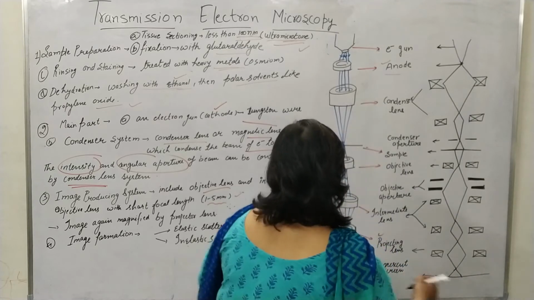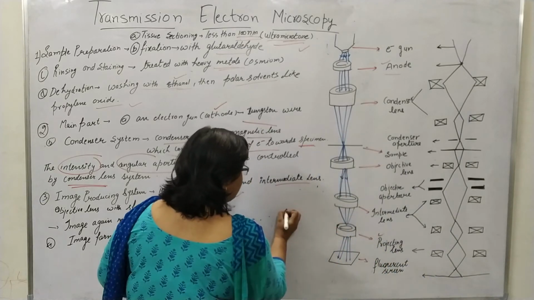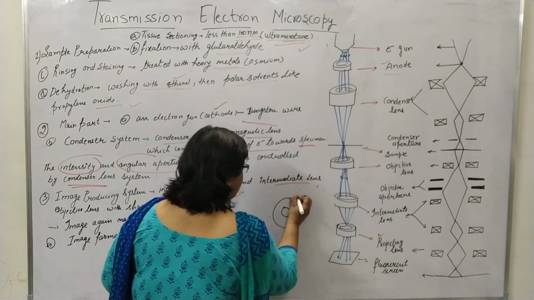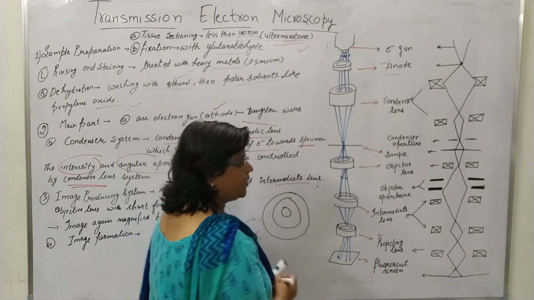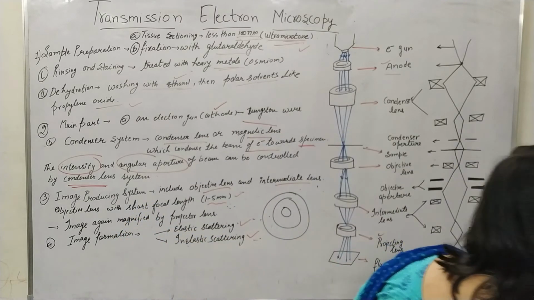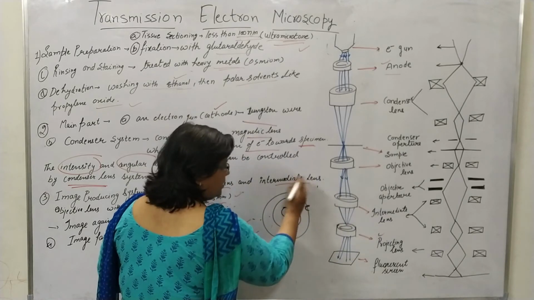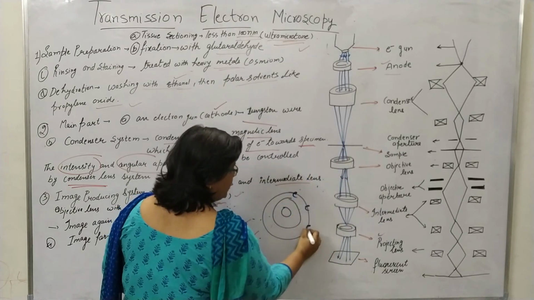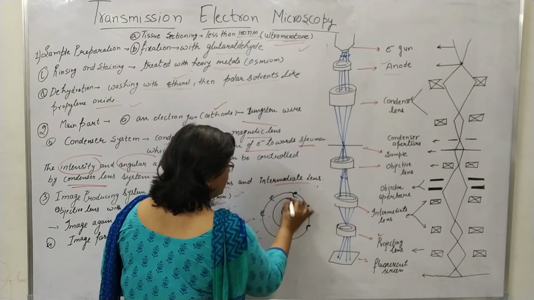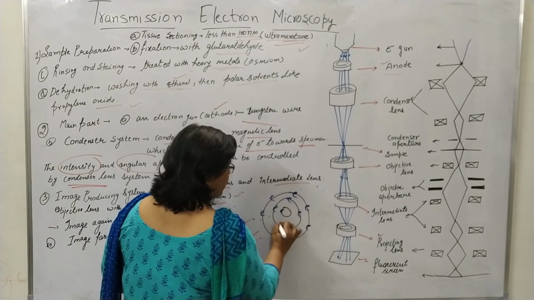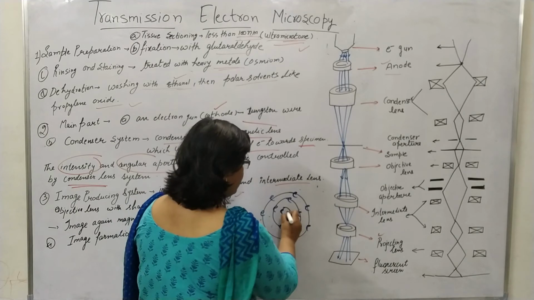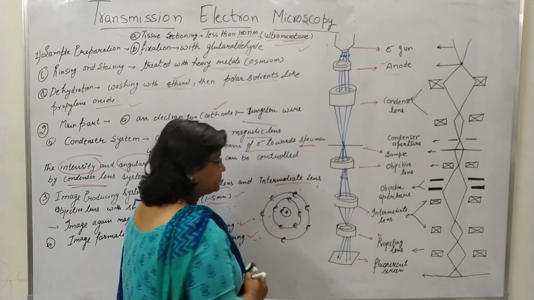Suppose that these are the electron shells. In the specimen atom, the electrons move, and the nucleus is just here.